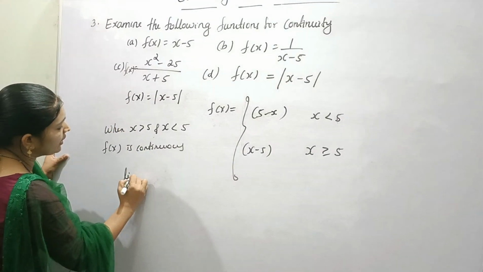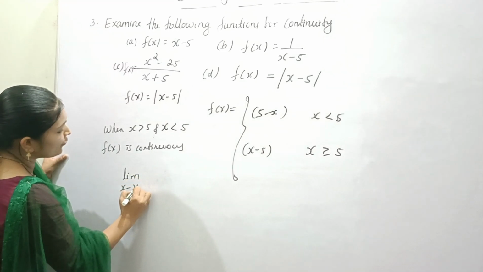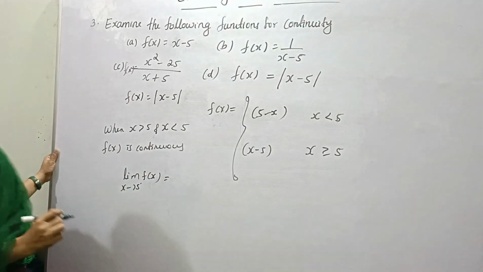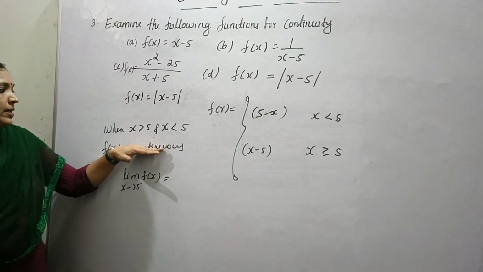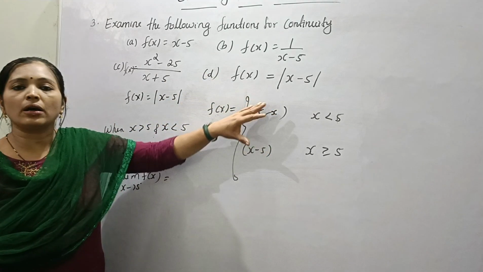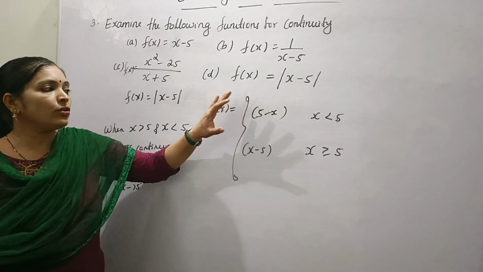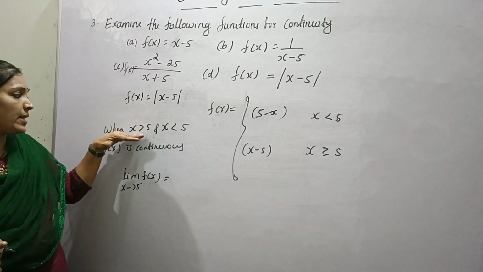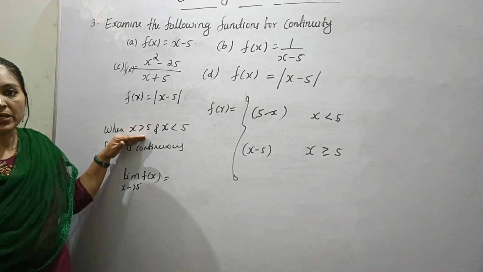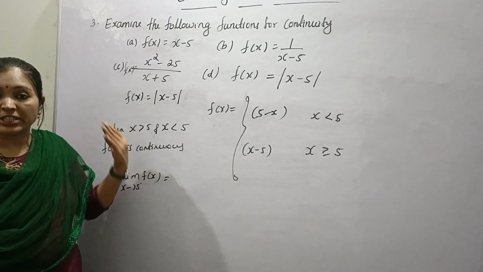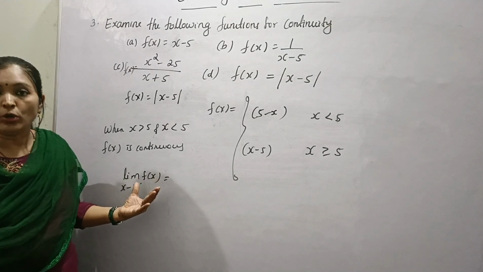For x less than 5 and x greater than 5, these are polynomial functions, so the function is continuous there. Now we have to check whether this function is continuous at x is equal to 5.